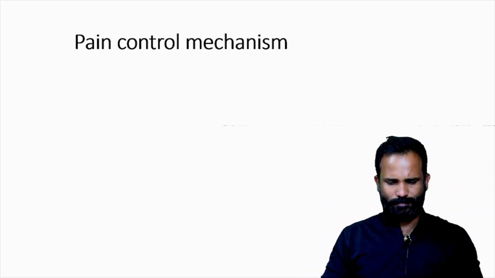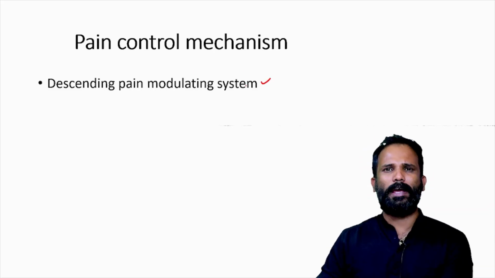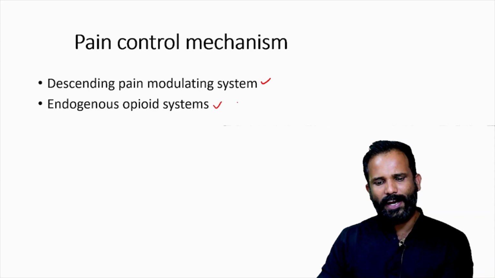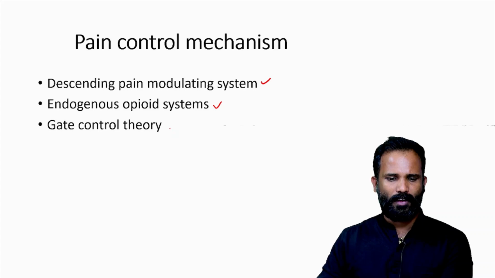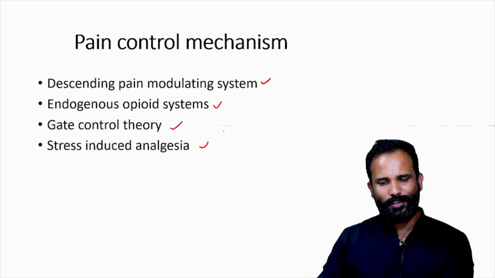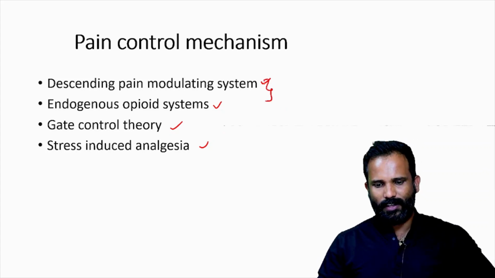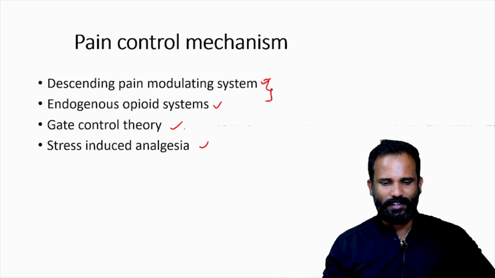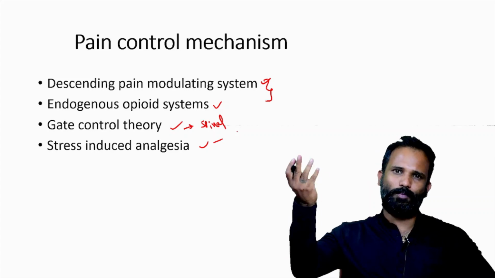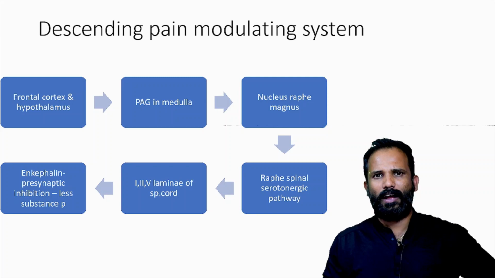How is it done? For the pain control mechanism, we have the descending pain modulating system, or we call that the descending pain analgesia system, and the endogenous opioid system, and there is one at the spinal cord level, that is the gate control theory, and another one is stress induced analgesia. So these are central levels, and this is a spinal level, and this acts at both.